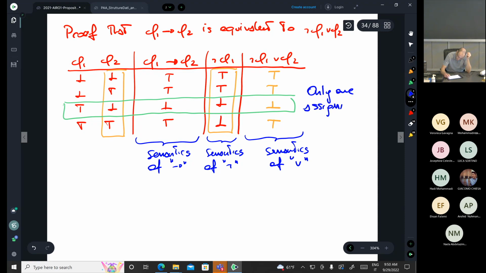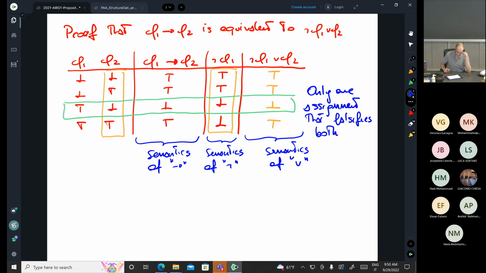It's only one assignment. So this is a proof that the two formulas are equivalent.